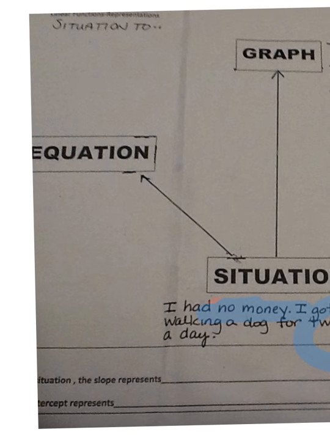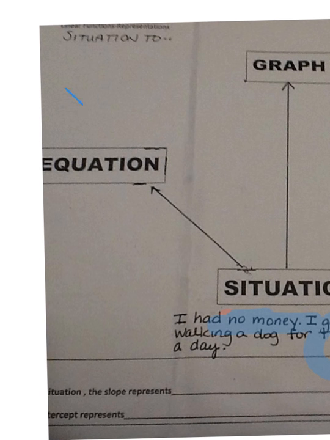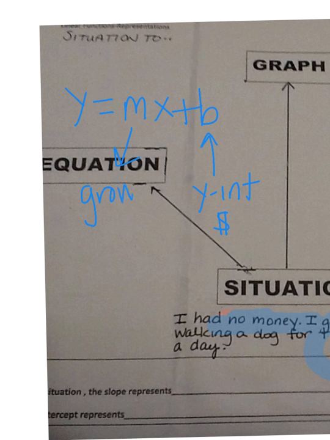And we know linear equations always follow the template y equals mx plus b, where the b is your y-intercept, your starting amount, your figure at 0. In this case, it's how much money I started with, which was nothing. And then the m is always how much it's growing, or the speed.